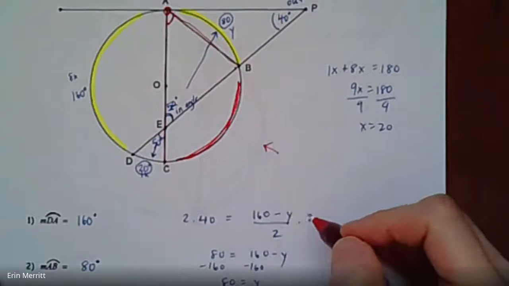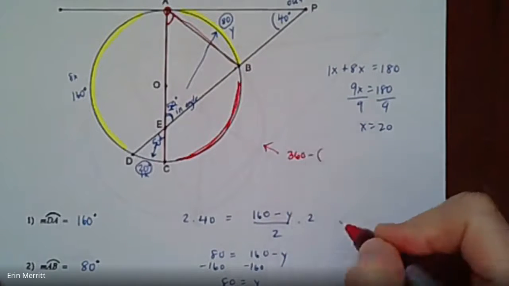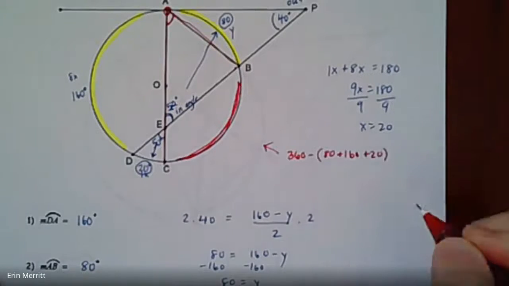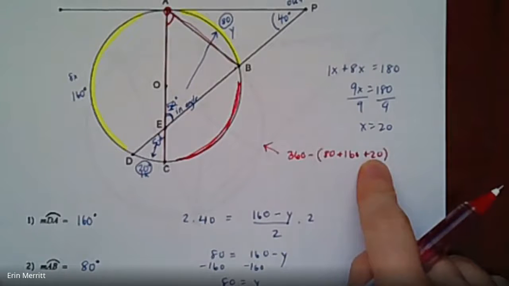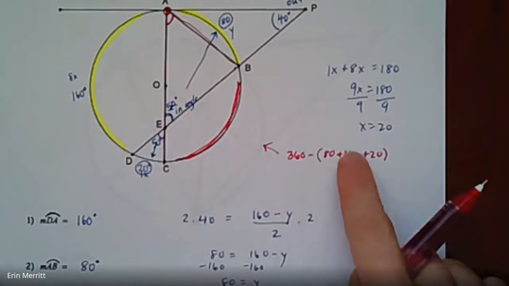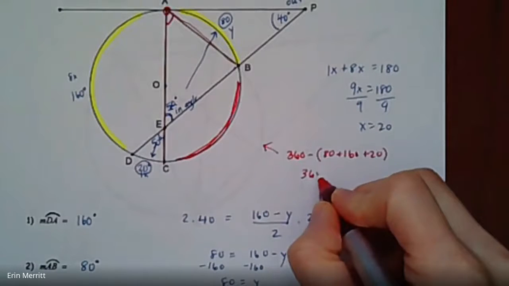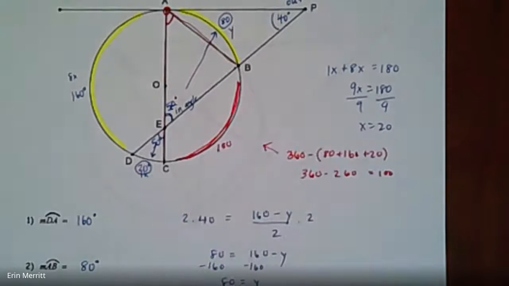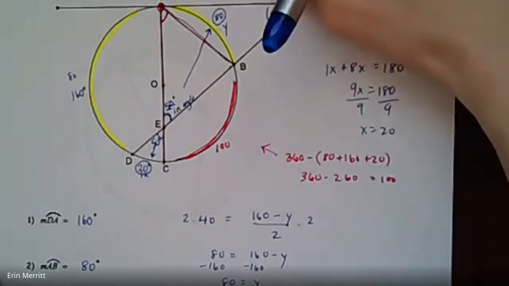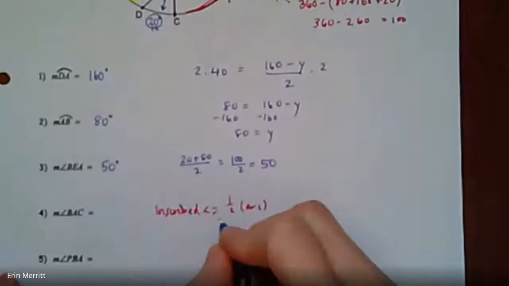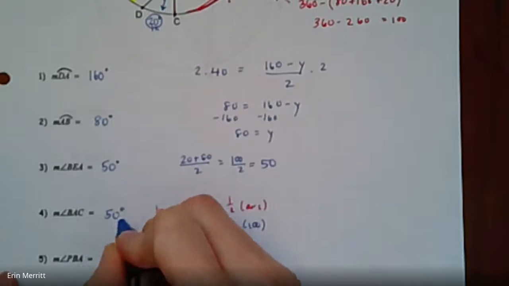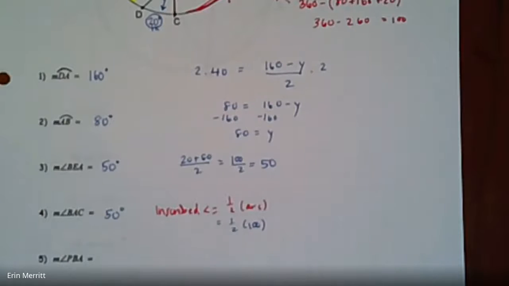So to get that last arc, we're going to go 360 minus all the other arcs that we know. 80, 160, and 20. So that's a total of 260. So we're left with a 100-degree arc right there. All right, so now that we have it, angle A is half of 100. And so keep in mind, notice how sometimes I'm doing my work down here. Sometimes it's off to the side. You want to try to keep it organized, but as long as it's there, I will find it.